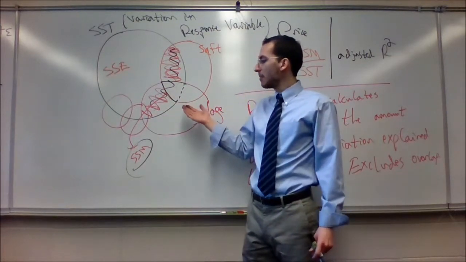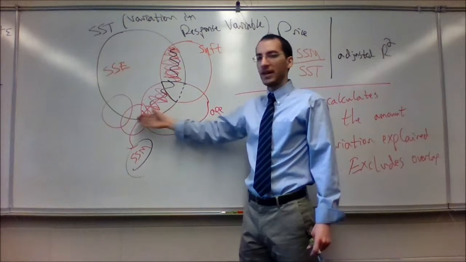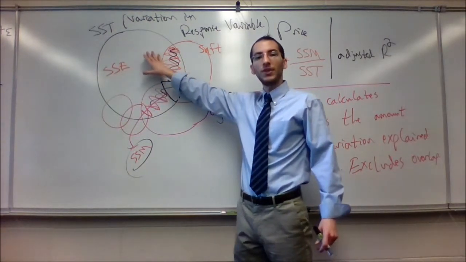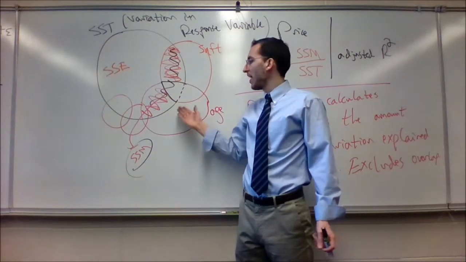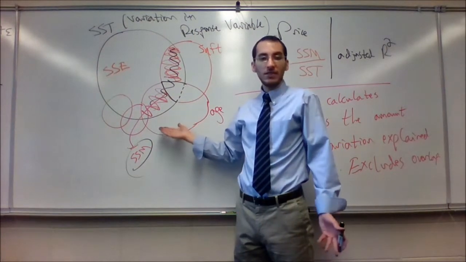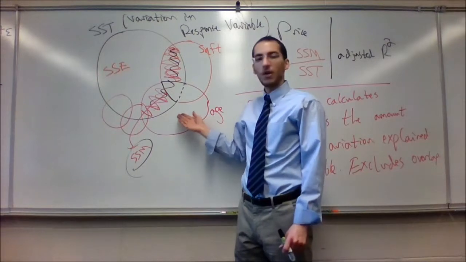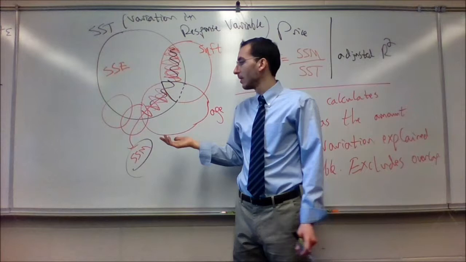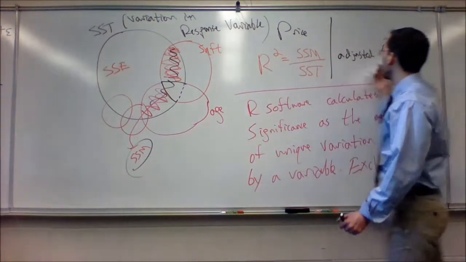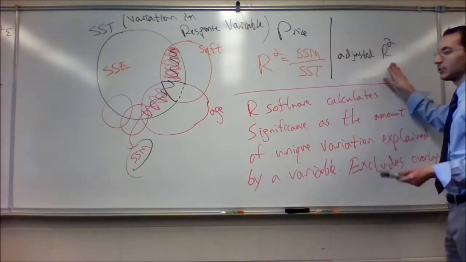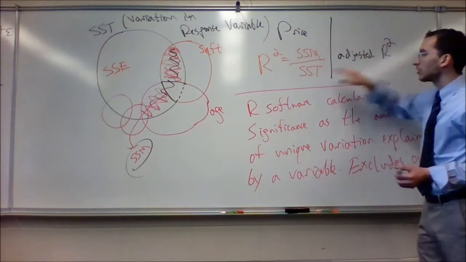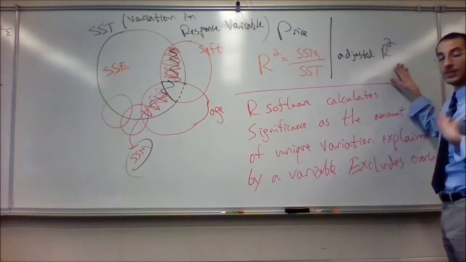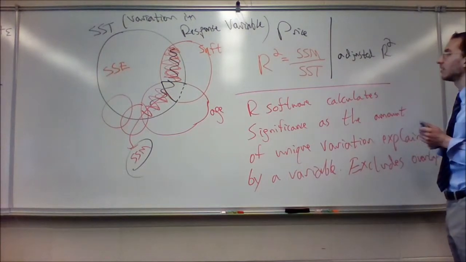Because as you can probably imagine, you can throw in a lot of variables in here and just start to eat up this circle with explanation. But they may not actually be statistically significant. You just are artificially adding variables to make your significance look bigger. So the adjusted R squared takes that into account, and it decreases your R squared depending on whether or not the variables you've added are significant.